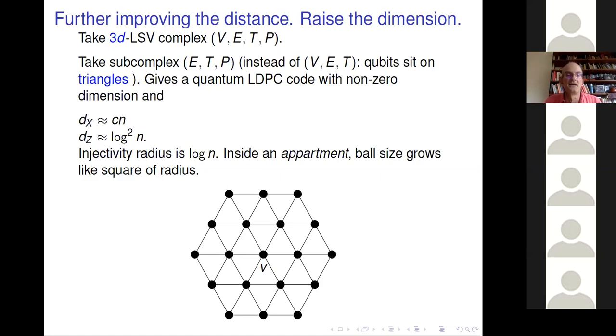And the point is that the number of triangles inside the apartment grows like the square of the radius, hence the log n squared for dz.